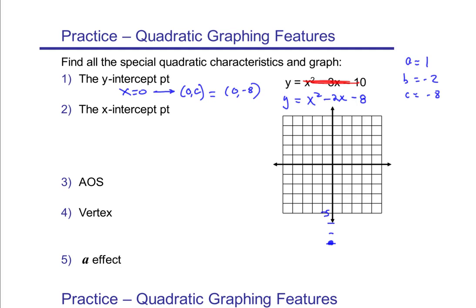Okay, now number 2. I skipped those in class today, but since I got a little bit more time, I'm going to slow down just a little bit here because we know how to get the x-intercepts. They're just a little bit involved. But x-intercepts always happen when y equals 0.